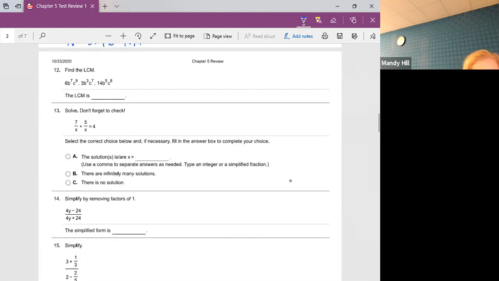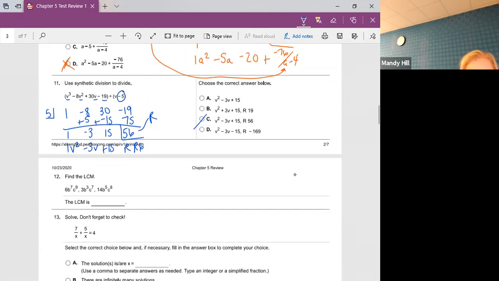Least common multiple. And we're repeating ourselves, so we're working these multiple times. So we're going to focus on the numbers first. I see a 6. I see a 3. I see a 14. Well, 6 is just 2 times 3, right? 3 is just 3. It's already prime. 14 is 2 times 7.